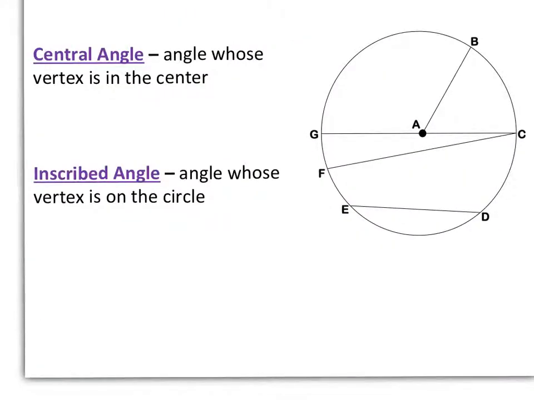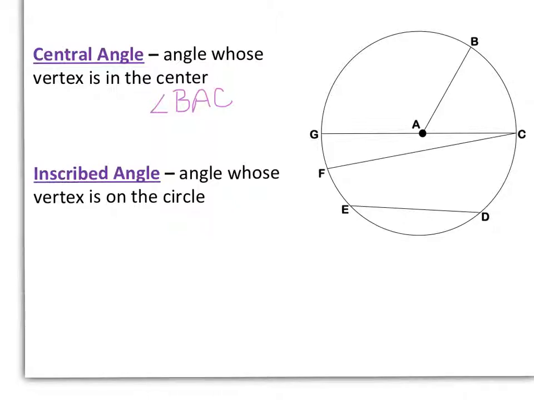A central angle is an angle whose vertex is in the center. So referring to the same circle, our central angle here is angle BAC. An inscribed angle is an angle whose vertex is on the circle.